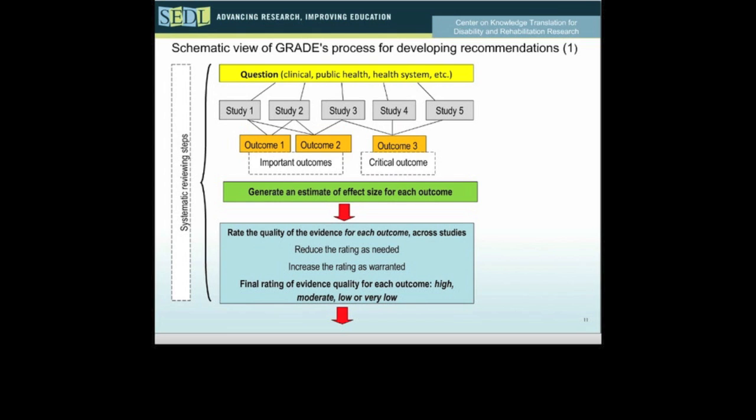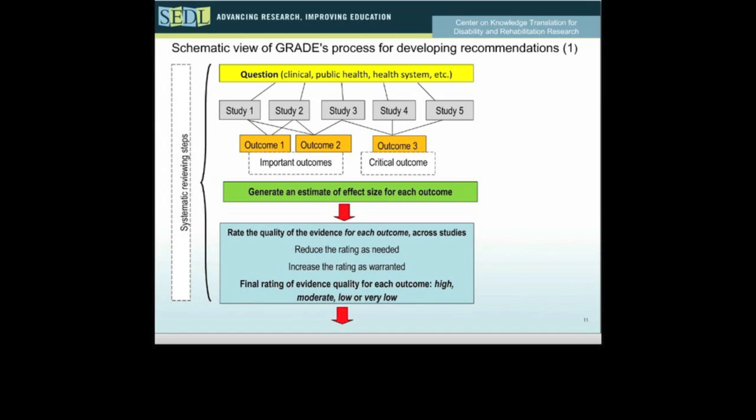And we already mentioned this before, that one of the nice things about GRADE is that it allows you to start off with an estimate of the quality of the evidence, but then grade it down as needed because of weaknesses, or grade it up, increase the rating because of specific circumstances. And we'll look in detail at those things.